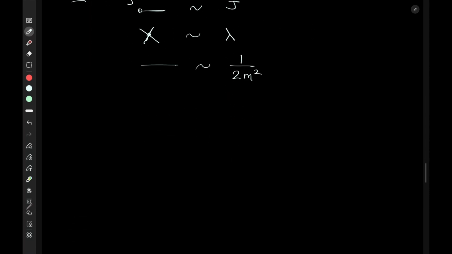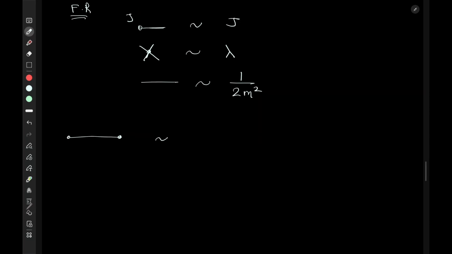Okay, so let's see this graph. This graph, the number that will be associated with this graph would be j square, because for every source there is one j. For every line there is 1 over 2m square, and for every vertex there is lambda, but there is no vertex in this graph, so this is the number. Remember, this graph was associated with 0 and 1, v being 0 and l, which is number of lines, being 1.